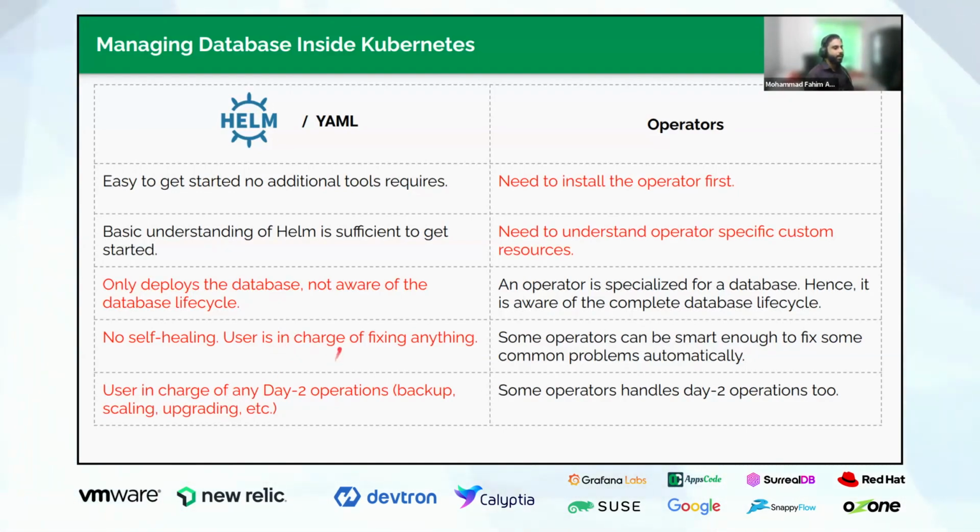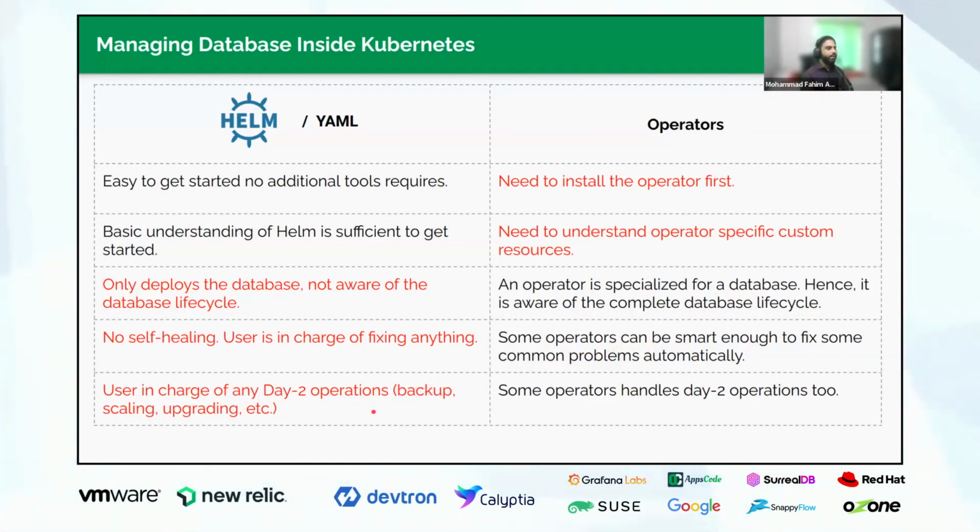There are now two primaries, so you cannot actually use the database. You have to fix it manually by going inside the database. But for operators, some operators are smart enough to fix some common problems. So with an operator, the split brain problem doesn't really happen, because the operator knows that when a pod comes up, there was previously another primary, so it wants to join the pod to the database, so it can do all those things.